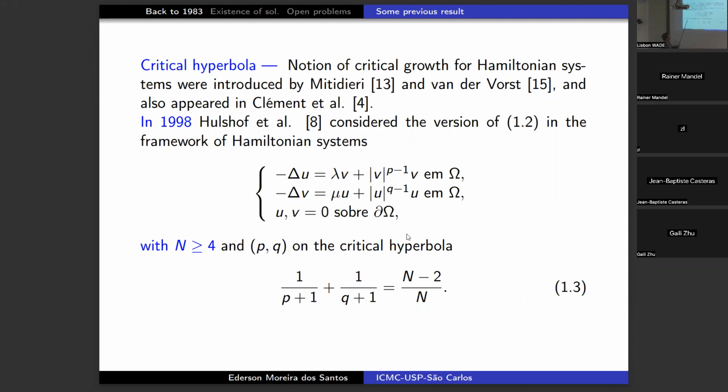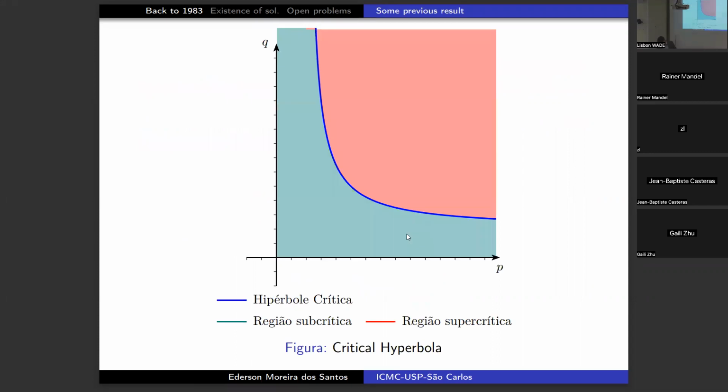They considered the case with n greater or equal to 4. In particular, the critical dimension for the Brezis-Nirenberg equation was not treated here. So for the critical system, n equals 3 was not addressed in this paper.